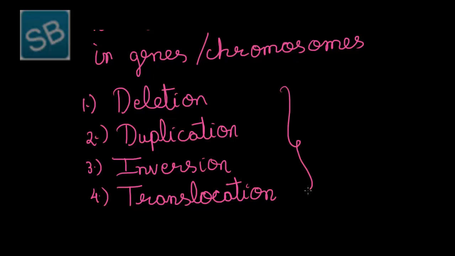Thus, these are the 4 structural abnormalities that occur within the chromosome causing mutation.